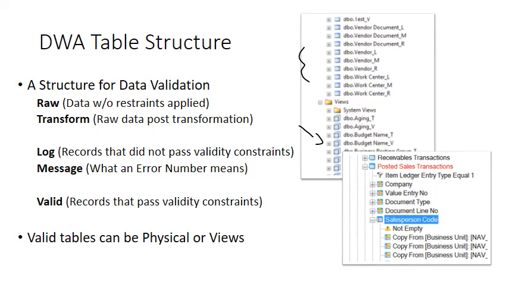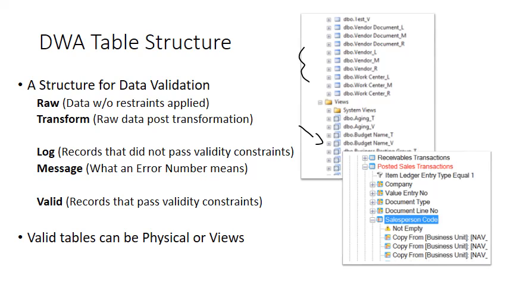The M table is kind of your Rosetta Stone. It translates an error number into a meaning. So I think in the earlier screenshot we saw that error number 1 means that you have a violation of a primary key constraint, whereas error number 2 means that you had a record where the sales amount was equal to 0, and maybe error number 3 means that salesperson code was left blank.